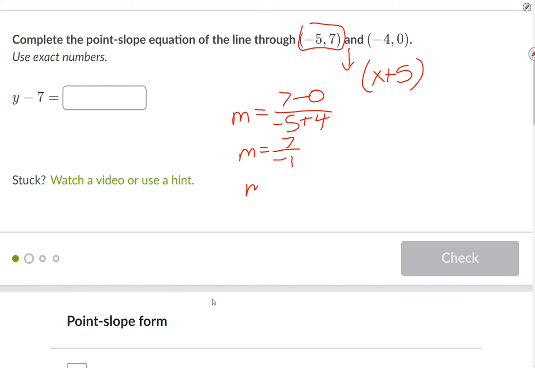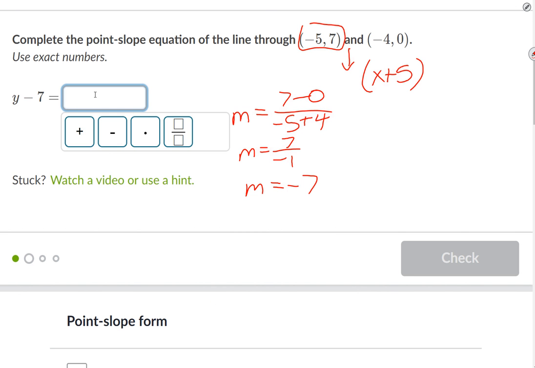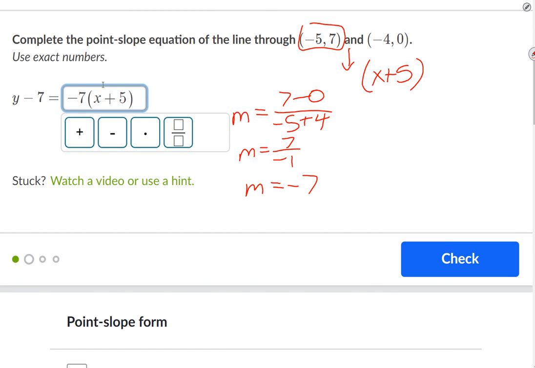Negative 7. I believe Khan Academy will penalize you if you don't simplify that. So I'm going to write first negative 7, parentheses, and then that x plus 5 that I knew I was going to have to write.